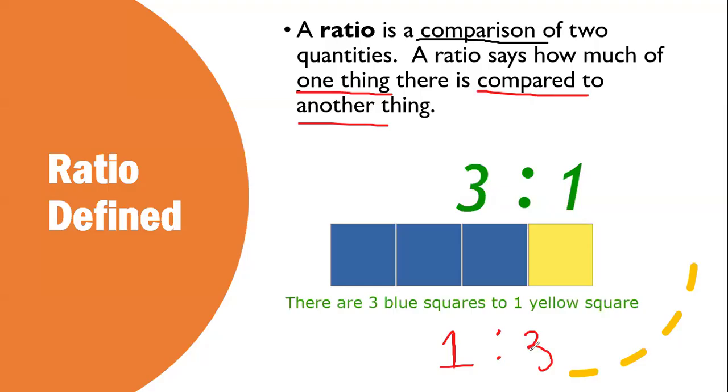So if you switch up the arrangement, then it's saying something different. Just know that order matters. If you don't have it in the right order, it's going to say something different.